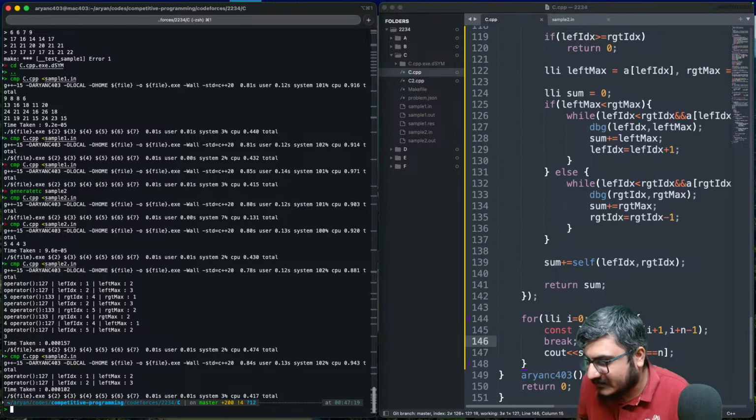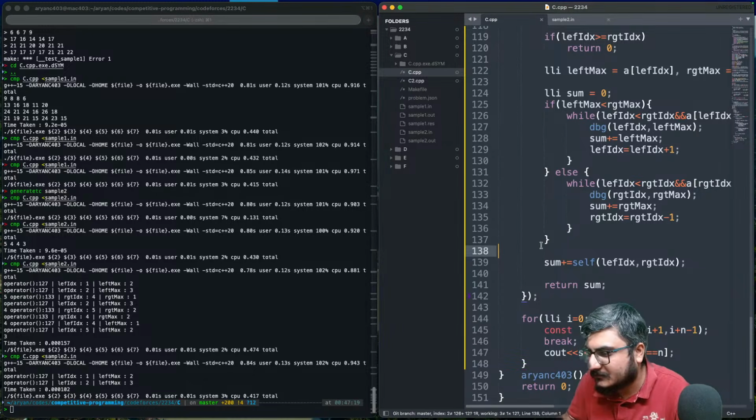I have index 1, I have index 2, but index 3 is not anywhere, right?